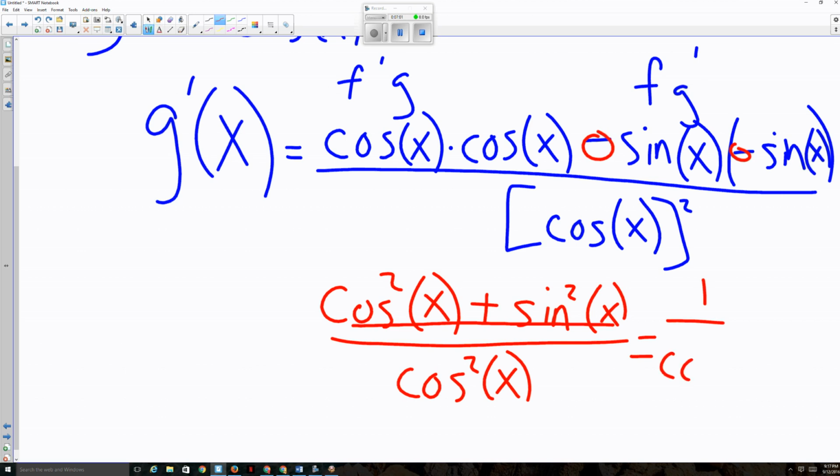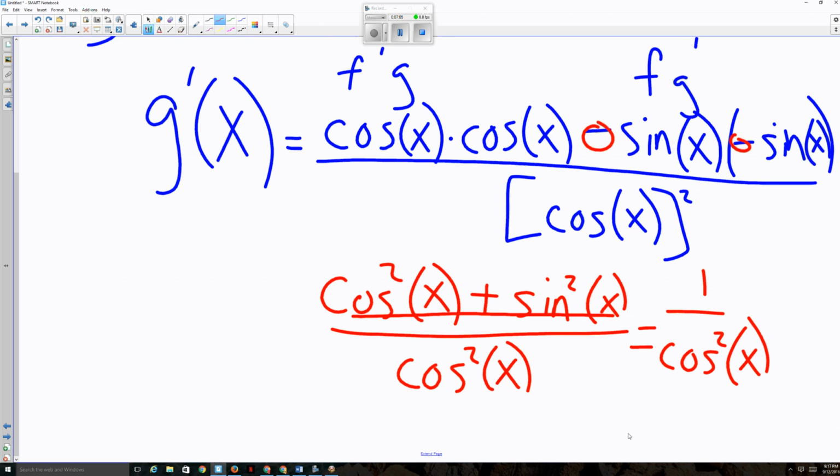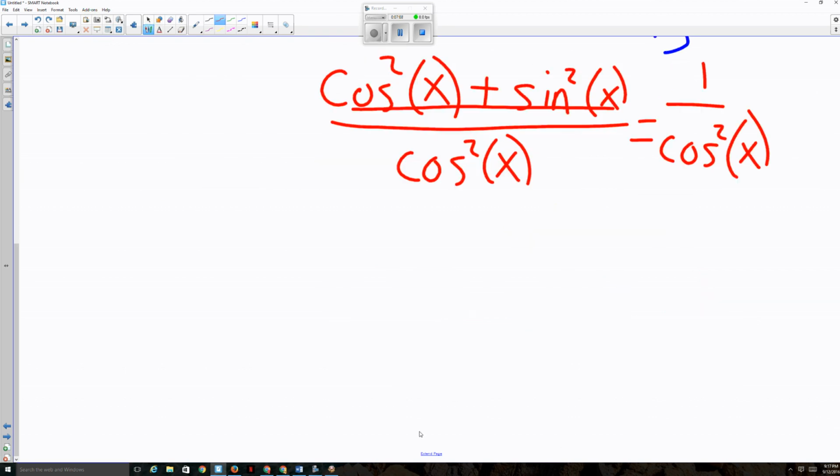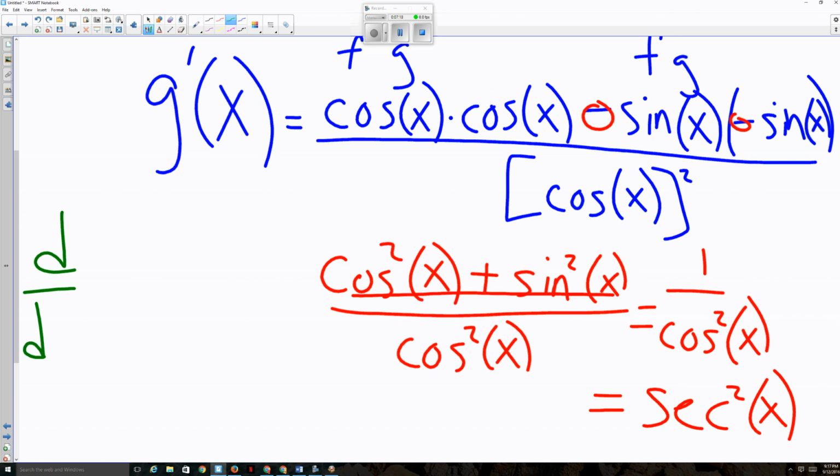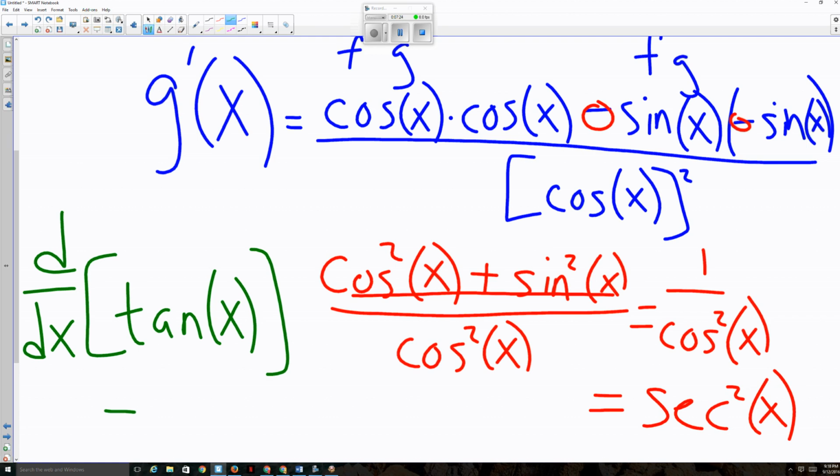So this is 1 over cosine squared of x. And you guys will recall that 1 over cosine squared of x is equal to secant squared of x. So that's something that you can know. We'll probably talk about that in class a little bit. But the derivative of tangent of x equals secant squared of x.